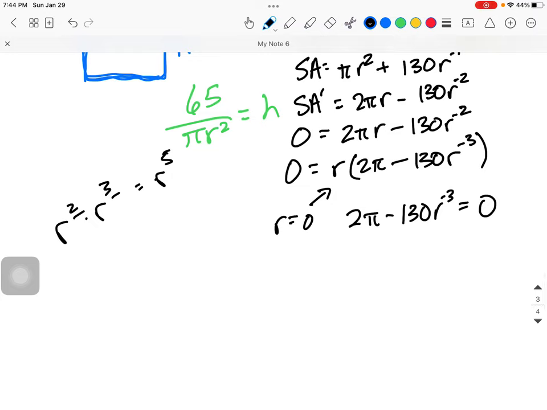I think we have time to finish it, but let's finish. Let's see what we get. This is going to be this. Divide by 130.